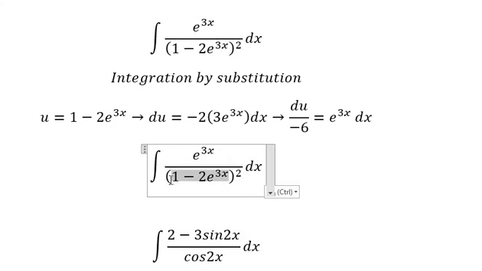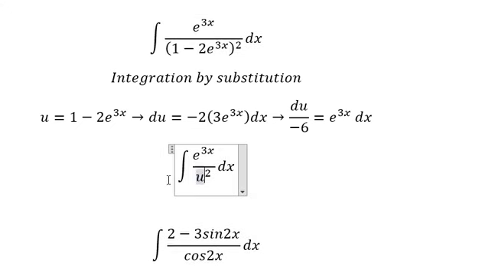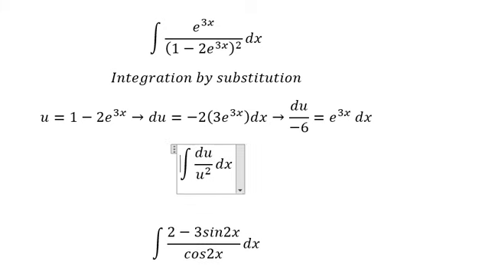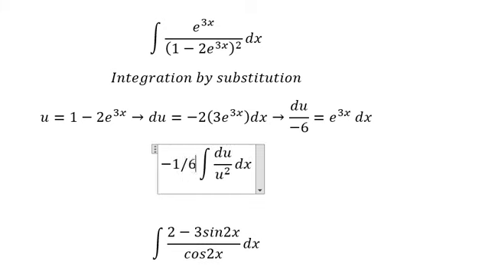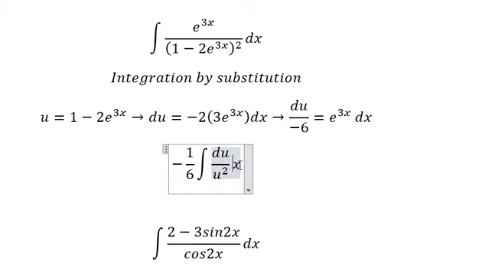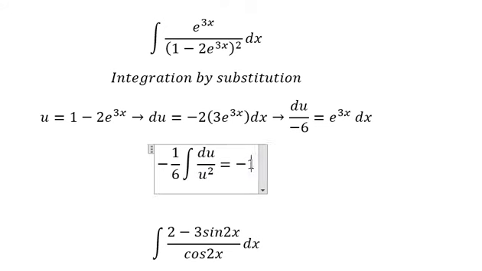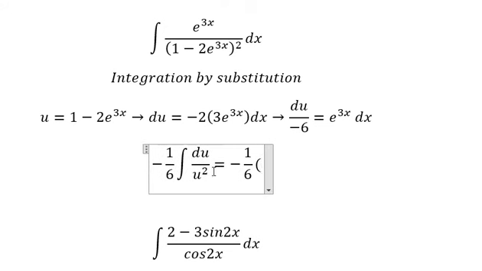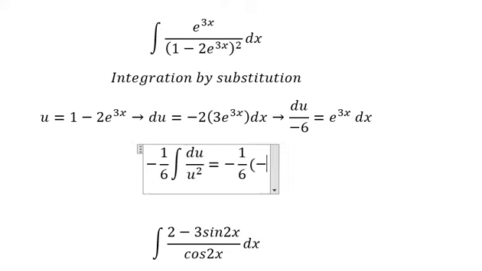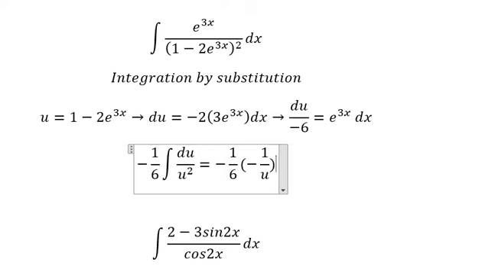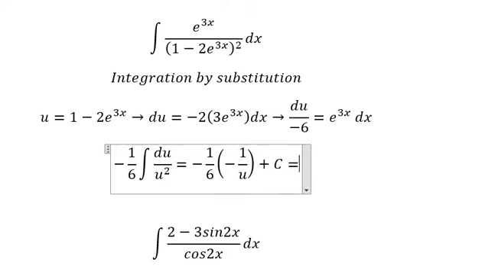So this one we change to u. e to the power of 3s ds we change to this one. The integration of 1 over u squared gives negative 1 over u, and we put c.